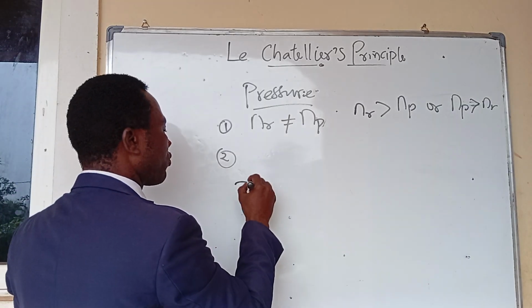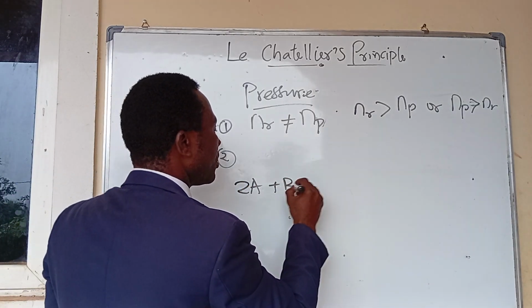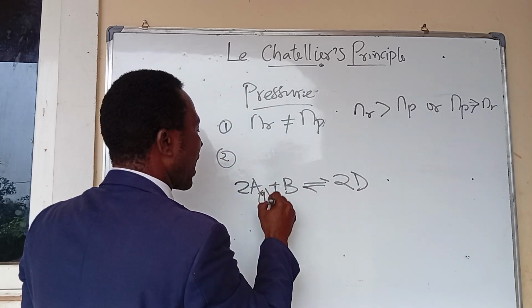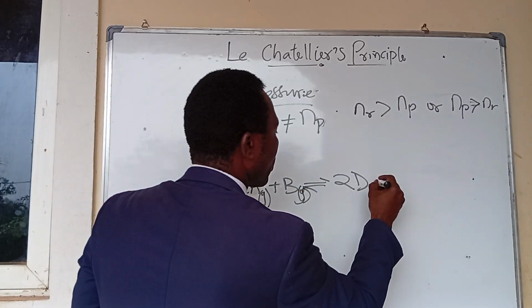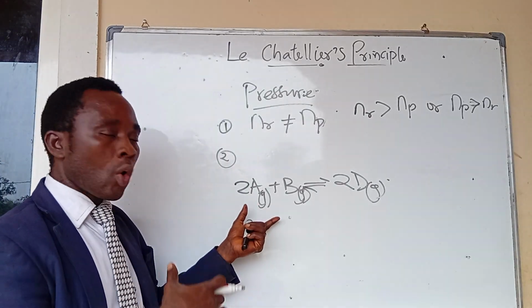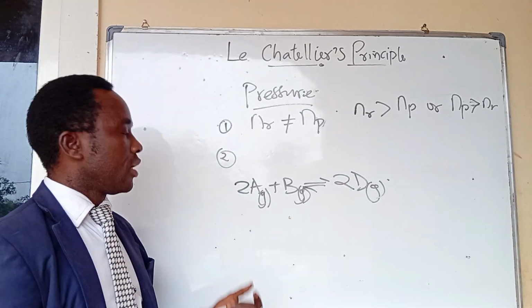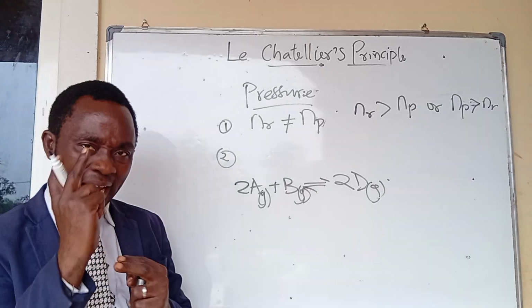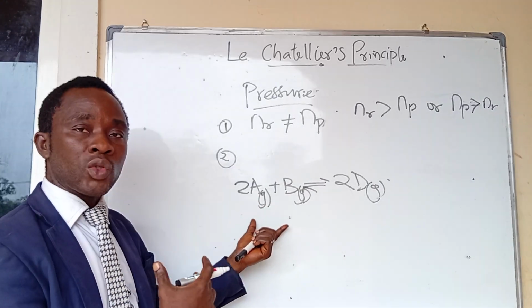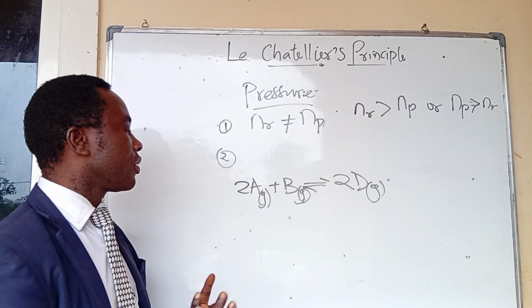Now, when we have 2A plus B to give 2D, for example, and these are gases, you may be asked, what is the effect of pressure on this chemical system in equilibrium? You check your two conditions. The first condition is that the number of moles of the reactant and product must not be equal.